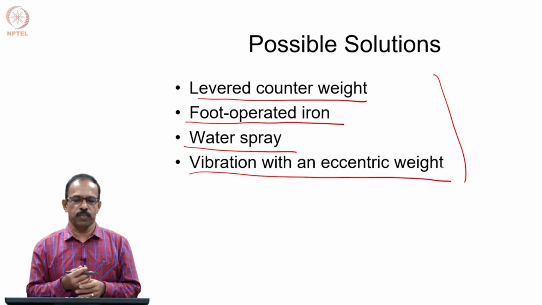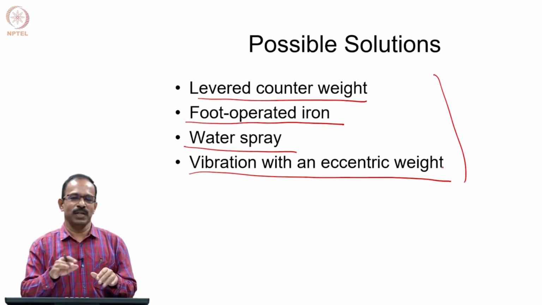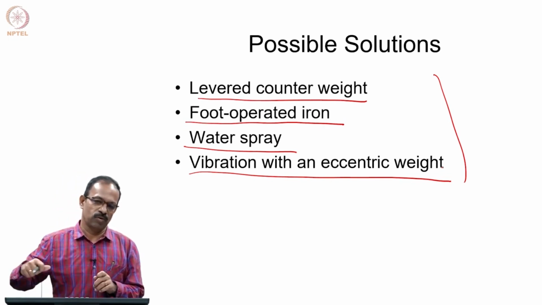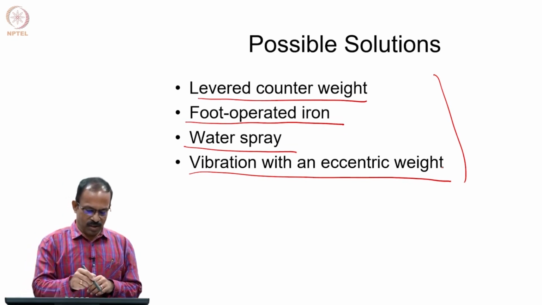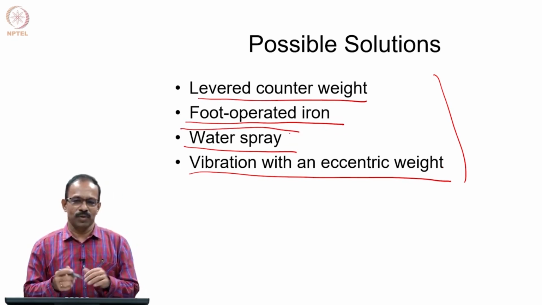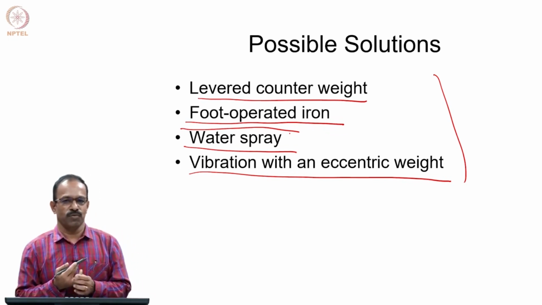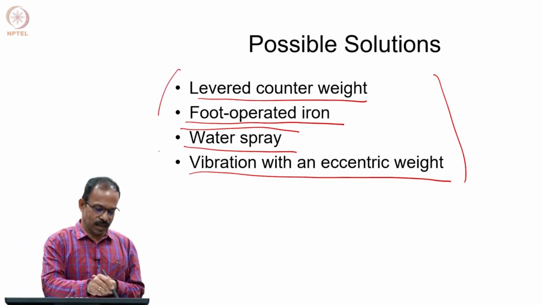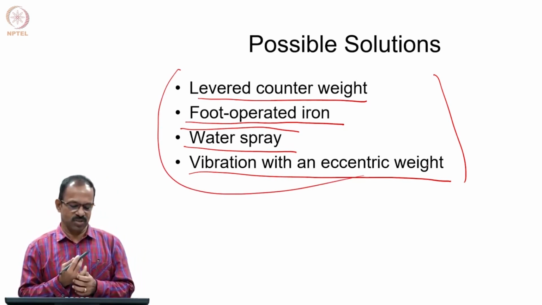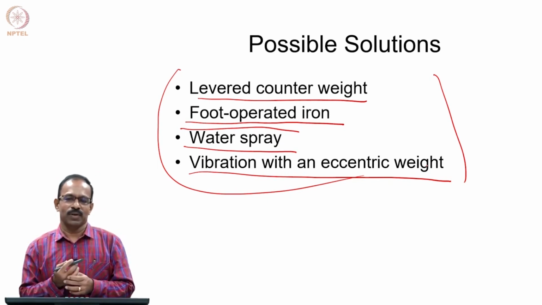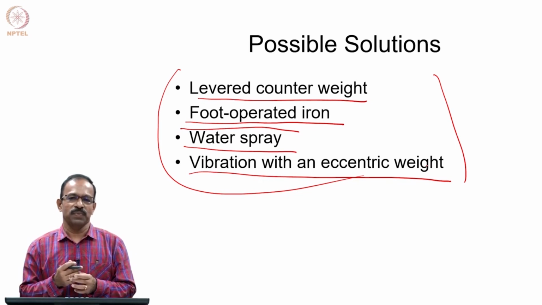You may want a foot operated iron, so that the force can be distributed, or you don't have the problem of the weight acting on the hand. Or you can have a water spray, using the thermal expansion principle to apply more force. So, finally, you know that the current generation iron boxes use water spray to get the required force on the surface.